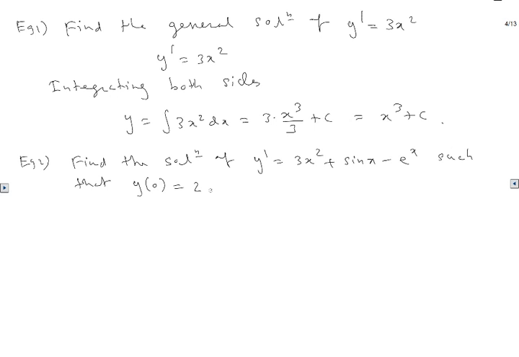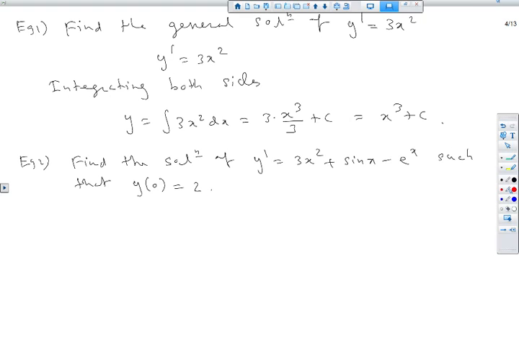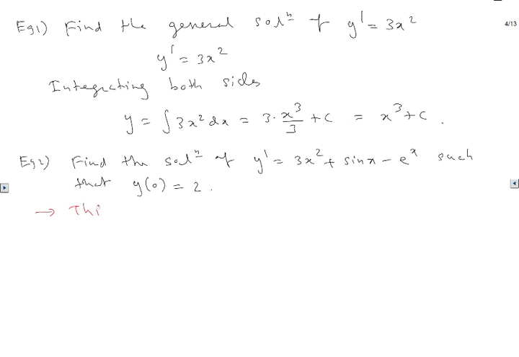So these kinds of problems are what we normally call initial value problems. They are called initial value problems because the condition is initial, it's at 0.